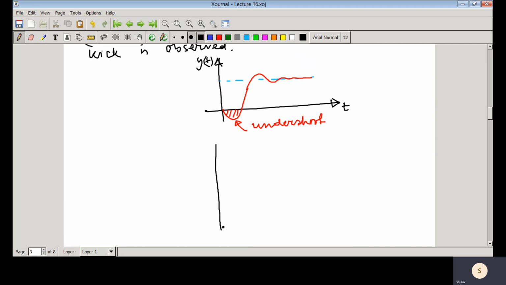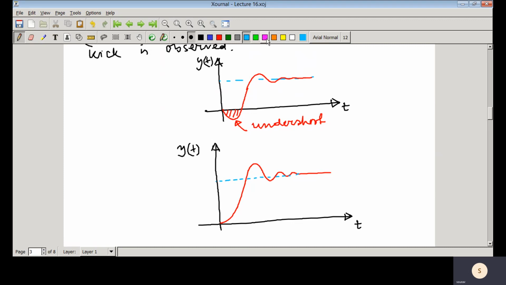Let us see what happens when we introduce a 0 to the second order system. This is y(t), and this is the standard second order system with no 0.